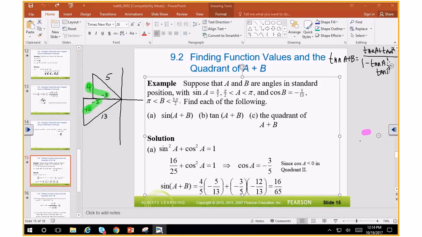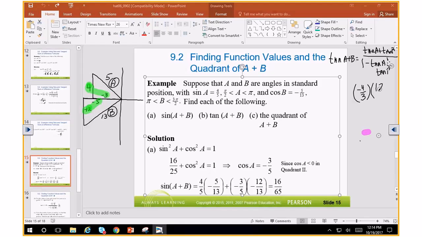Is that right? So let's find the tangent. Oscar had a hump of apple. Now, this is A, and this is B. Tangent of A is opposite over adjacent, 4 over -3, or -4/3. So, -4/3 plus, what's this one? 12 over 5.